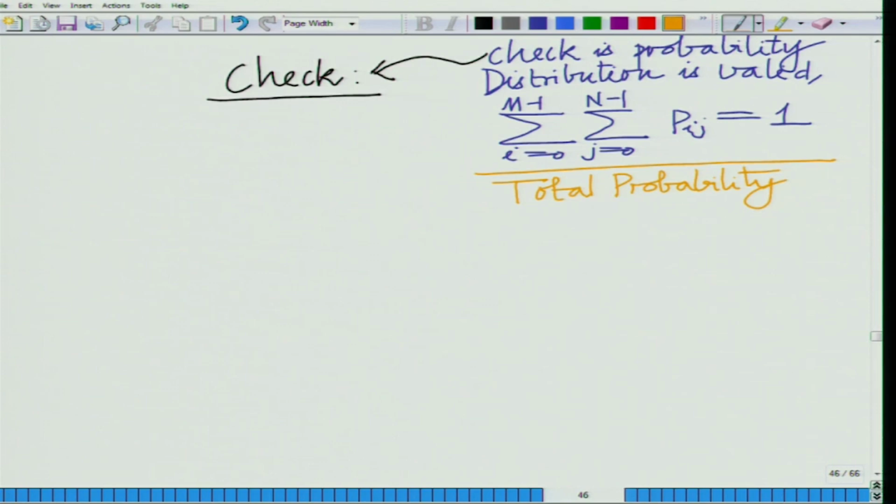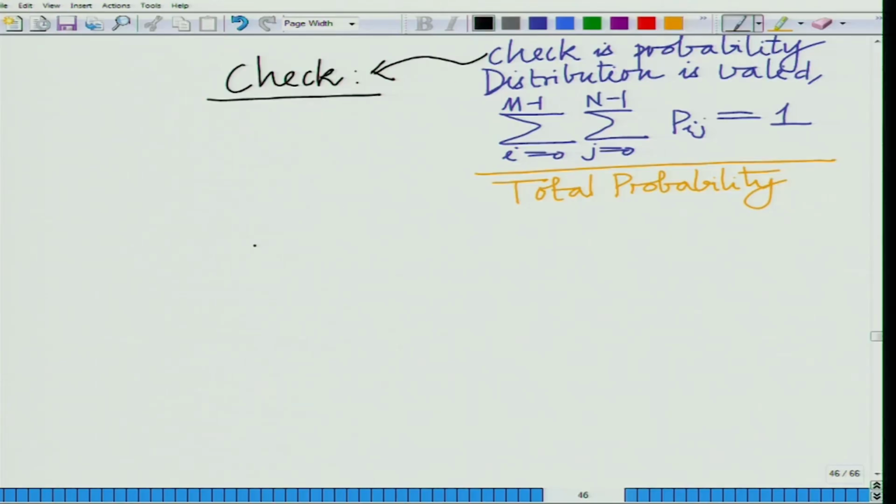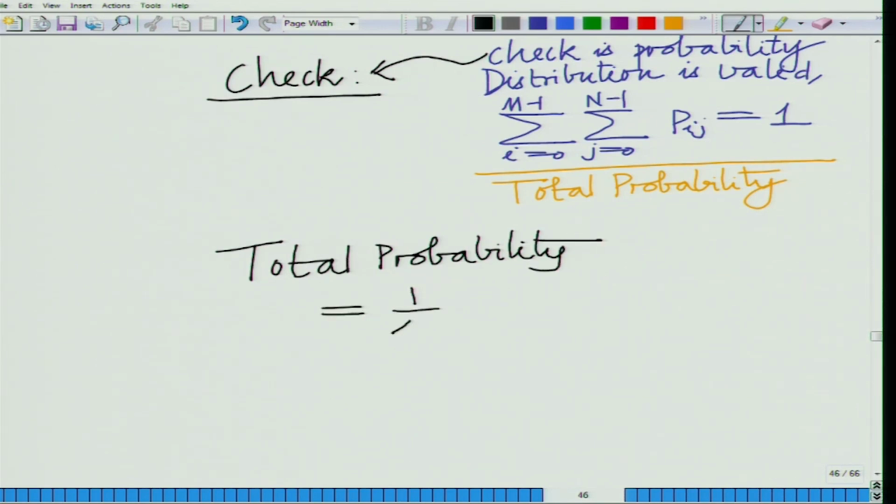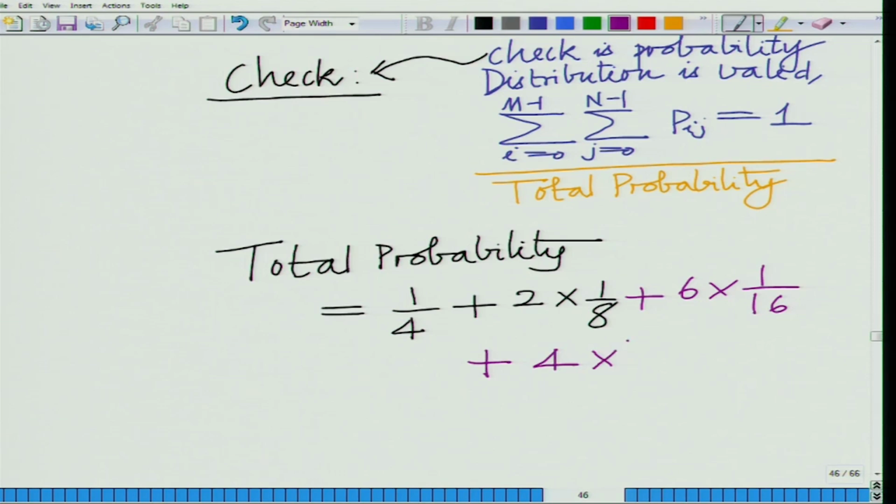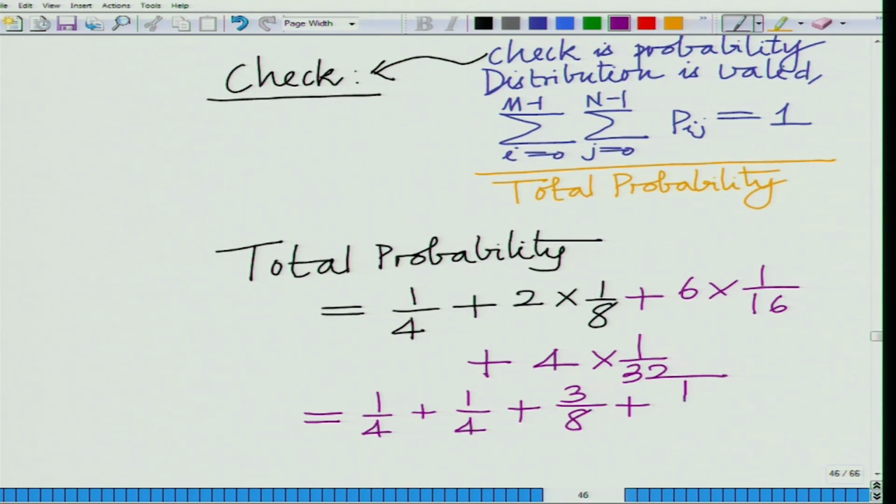So, let us just quickly check if the total probability is adding up to 1, although that must be the case, it helps us to additionally check and confirm it. So, we have the total probability where there is one symbol with probability 1 by 4, so 1 by 4, plus 2 symbols with probability 1 by 8, plus 6 symbols with probability 1 by 16, 6 into 1 by 16, plus 4 symbols with probability 1 by 32, 4 into 1 by 32, that is 1 by 4 plus 1 by 4 plus 3 by 8 plus 1 by 8, and you can check this is equal to 1.